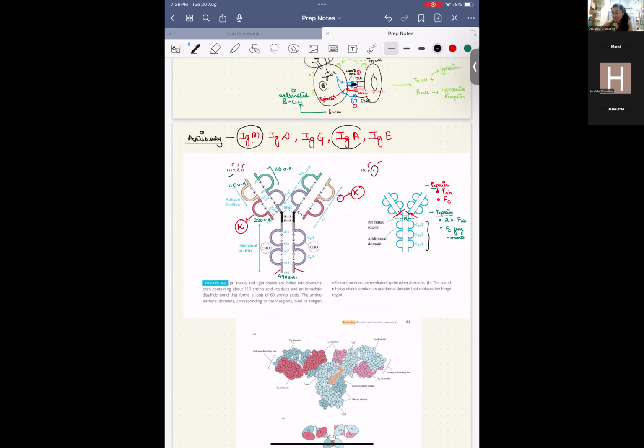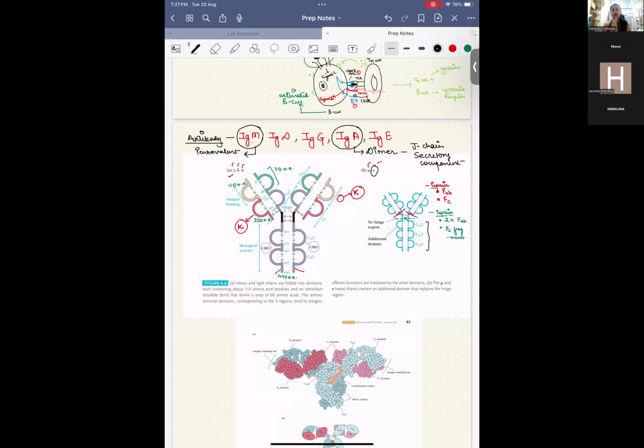Which of these two? IgA, which is secreted as the dimer with a J chain and a secretory component, whereas IgM is secreted as a pentavalent structure.